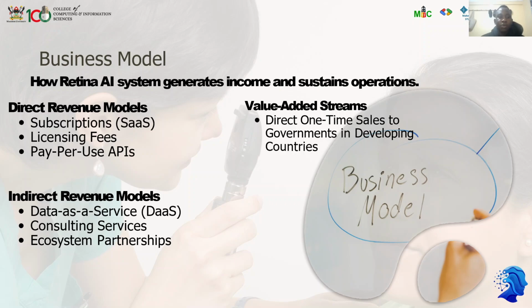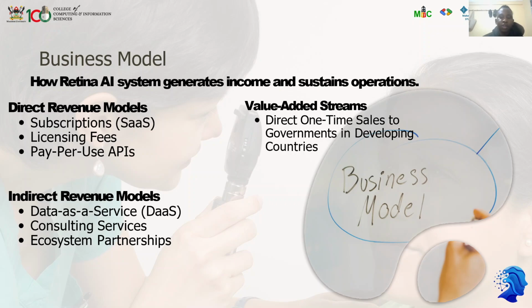So our business model, how we make money here, is through SaaS subscriptions, software as a service, where people can subscribe for at least a month, probably $10, depending on the strength of the model, and also licensing fees. Then pay-per-use APIs.